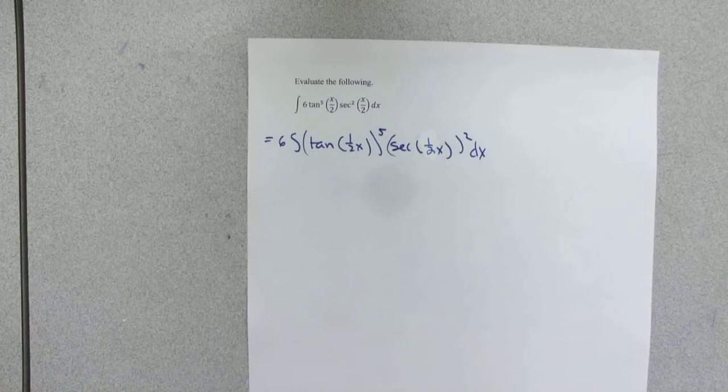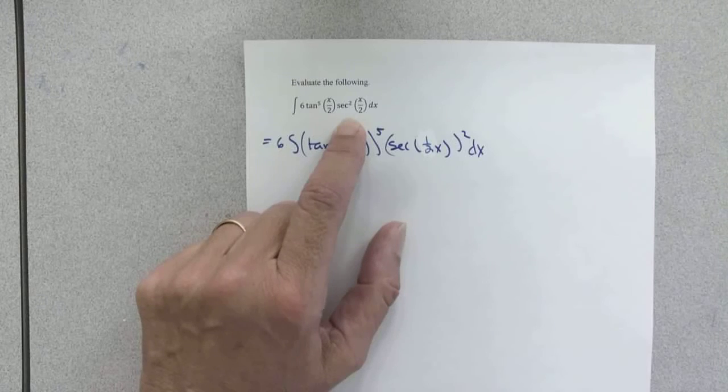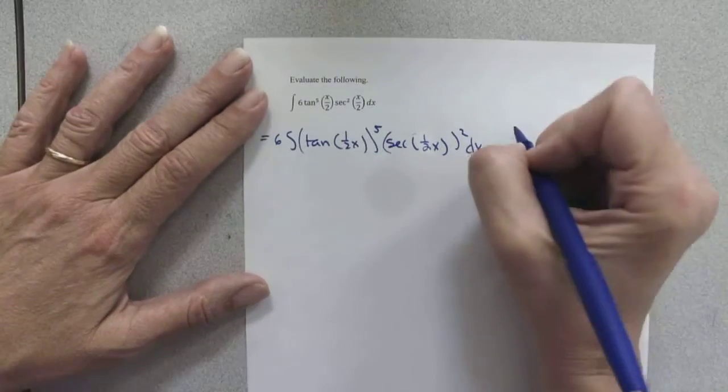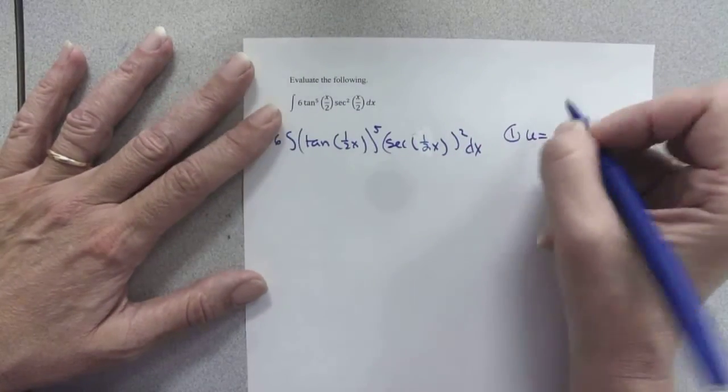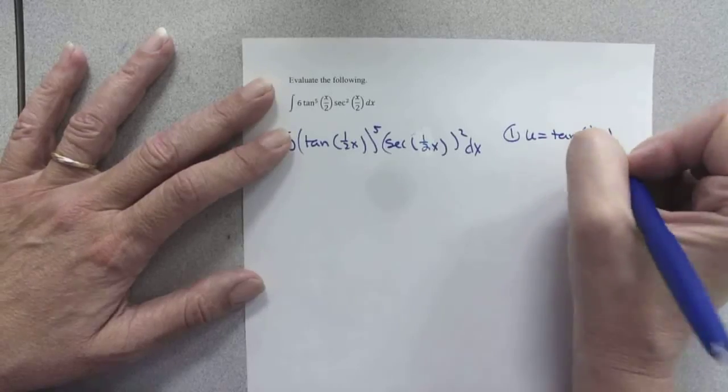But remember, you want to see derivatives in the problem. Secant squared is a derivative. Secant squared is the derivative of tangent. I want to see derivatives. And so I'm going to let u equal tangent of 1/2 x.